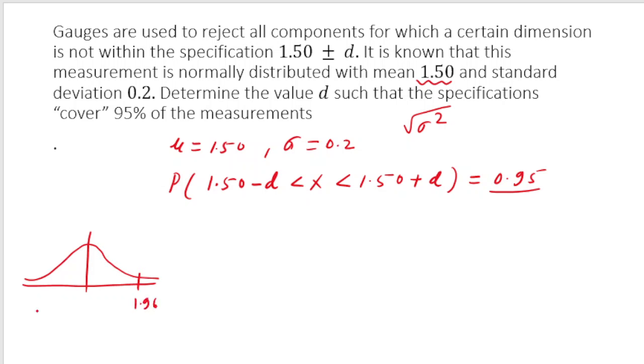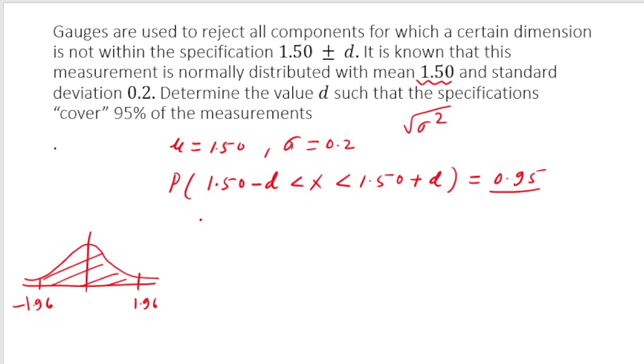If you take the value of 1.96 and minus 1.96, and in testing of hypothesis that you will be studying later, you will be using this, between minus 1.96 and 1.96, 95% of the area lies under this.